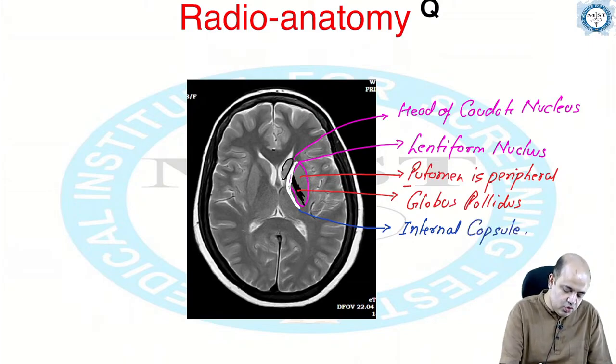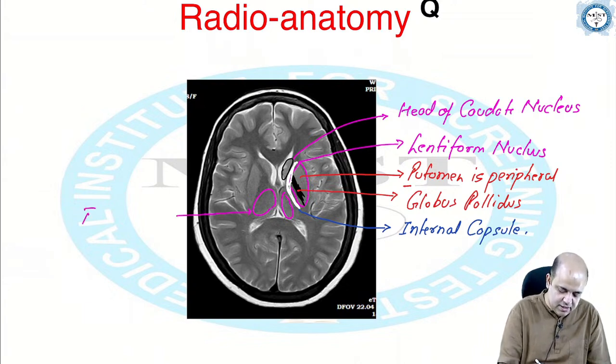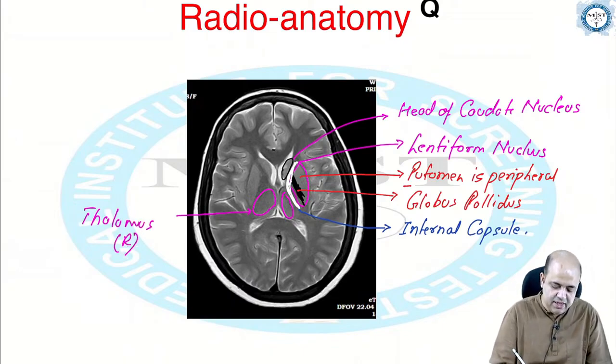Then we have two paired structures over here, the bilateral thalamus. This is the right thalamus. This side would be the left thalamus.